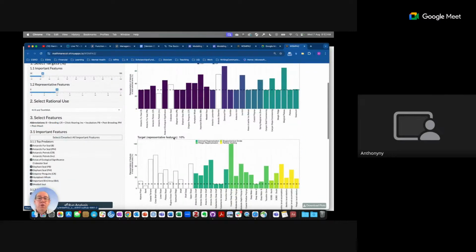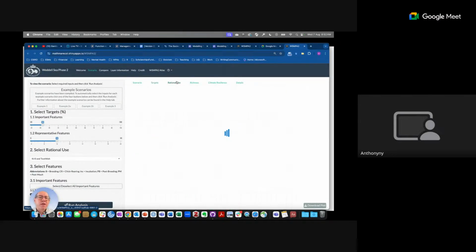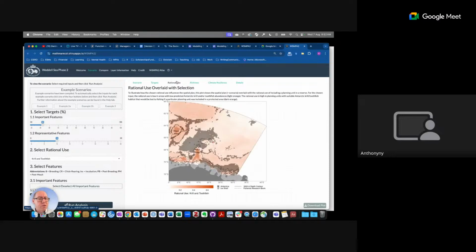And so delegates could run this in real time. This was actually really good, this rational use, which is the fishing. These areas are for krill and toothfish. These darker areas here are areas where there was high fishing, or where the nations wanted to fish for krill and toothfish.